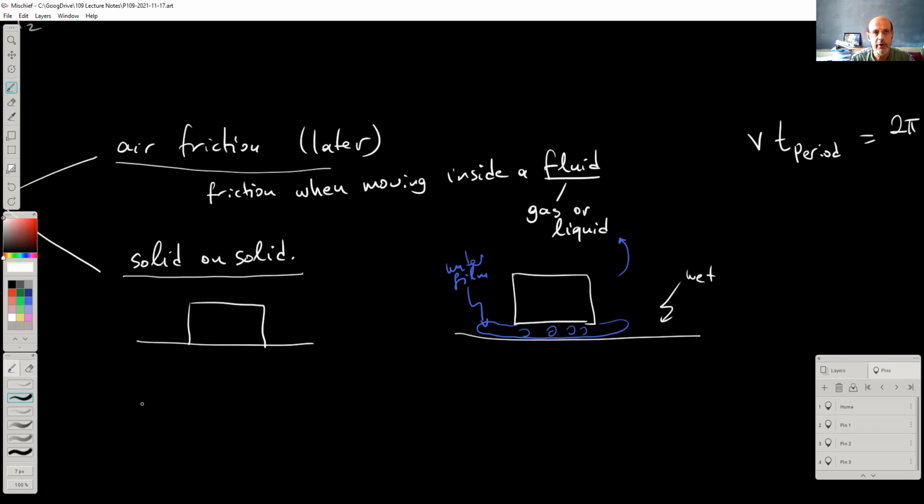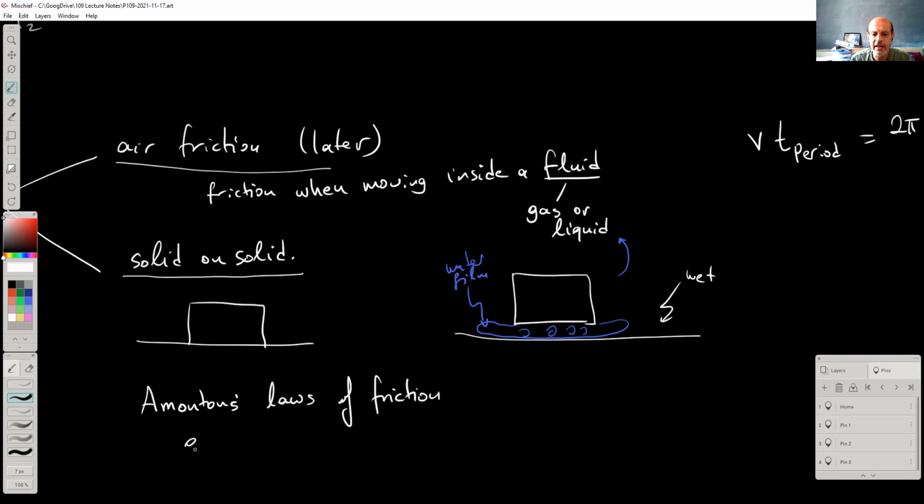That's first described by Amontons, but I'm not sure about the spelling of the name now. If I made a mistake, I'll correct it tomorrow. It's called Amontons' laws of friction.